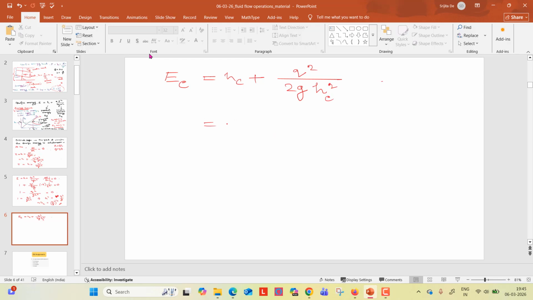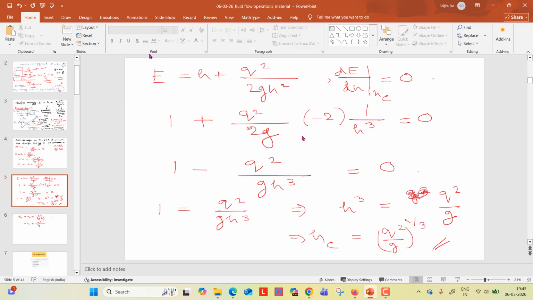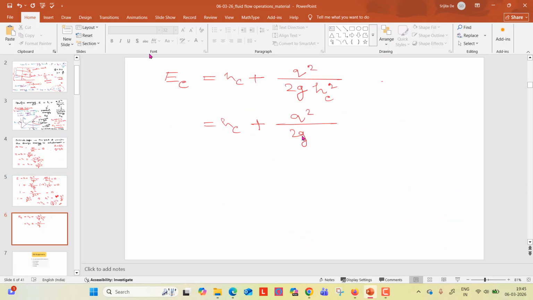So what will it be? Hc plus Q square by 2G, and Hc expression we have got, right? It is q square by g to the power 1/3. That means for Hc square it is 2/3. So it will be q square by g to the power 2/3 because it is squared. So now if you calculate, what will come?